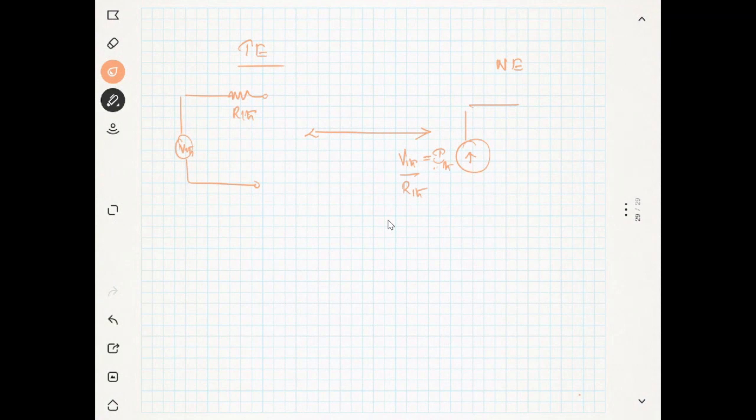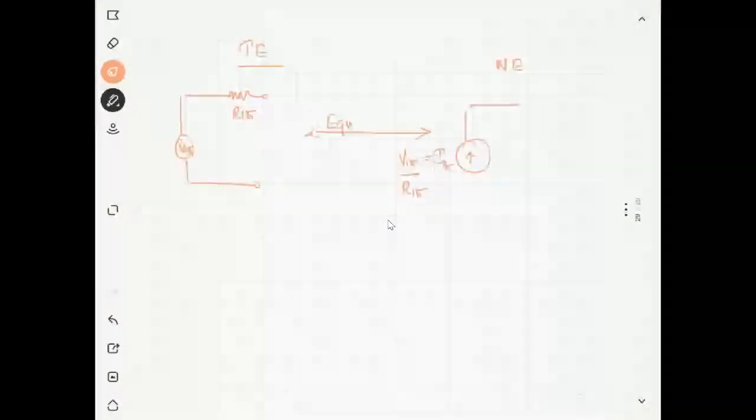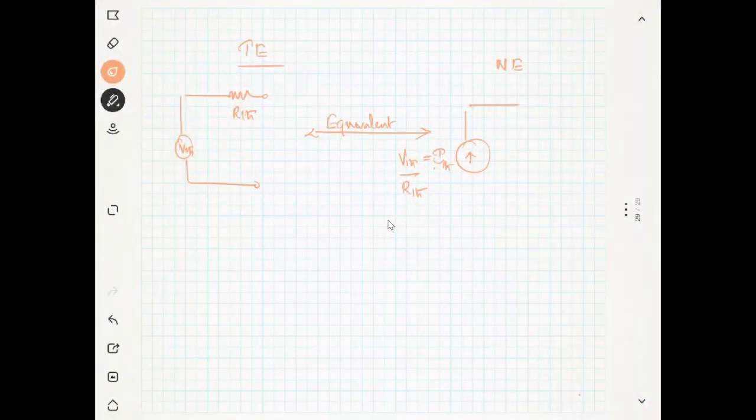That means they are equivalent. This is a very, very important point. And you have R Thevenin. How are they equivalent? Can you prove this between the points A and B?